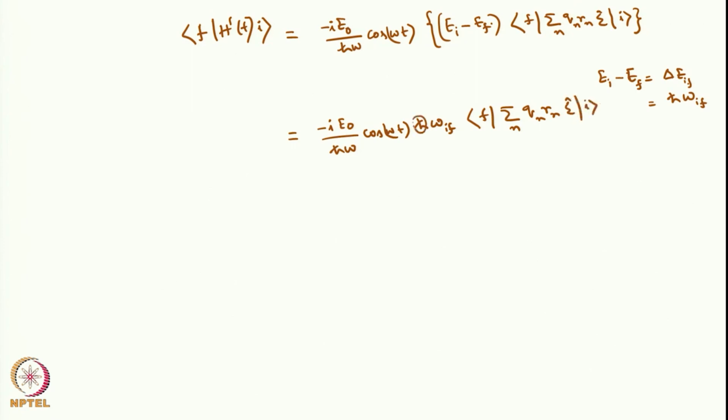Now this h bar omega and this h bar shall get cancelled. So what you will get is minus i E naught cos omega t omega i f by omega. So this is a very important term. Okay, remember. And f sigma over n q n r n i.